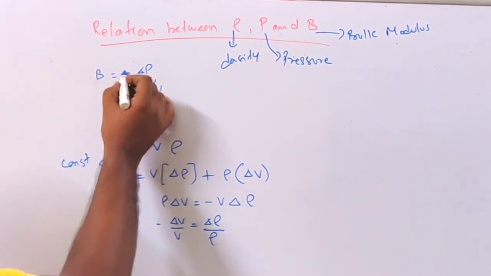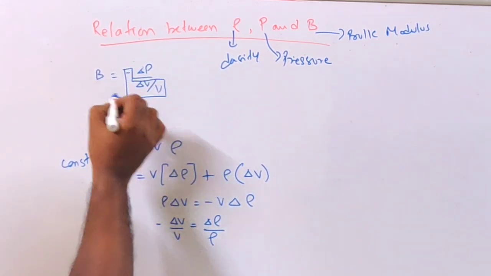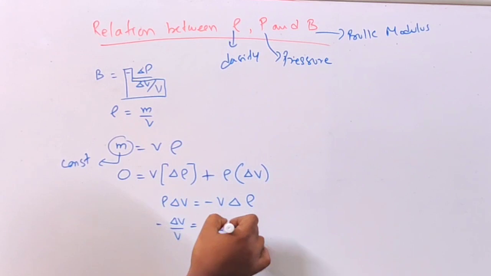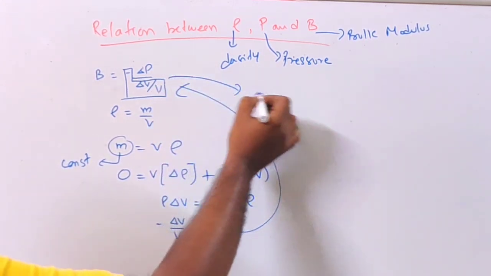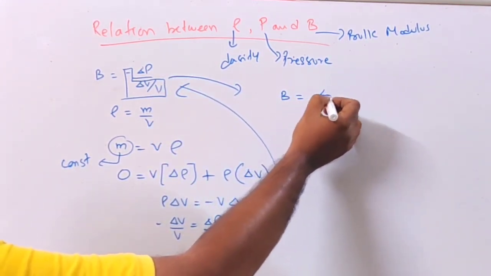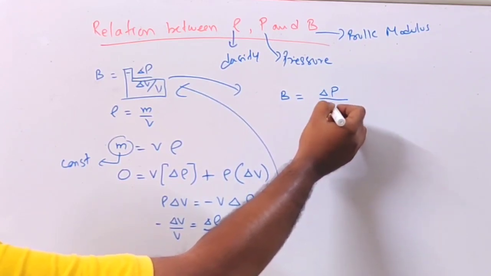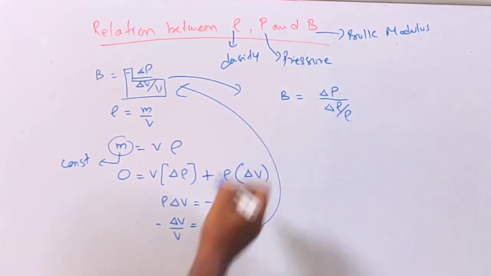So I can replace this quantity by this, and B becomes equal to delta P divided by delta rho by rho.